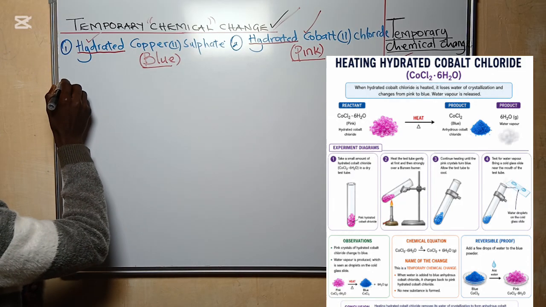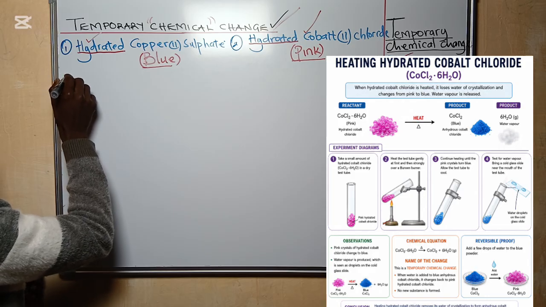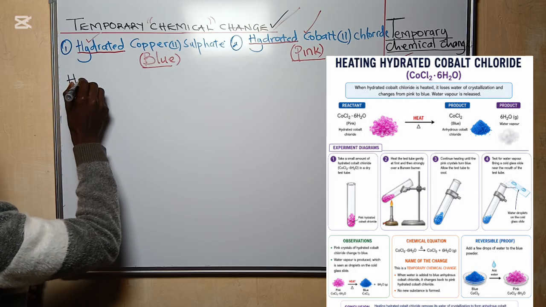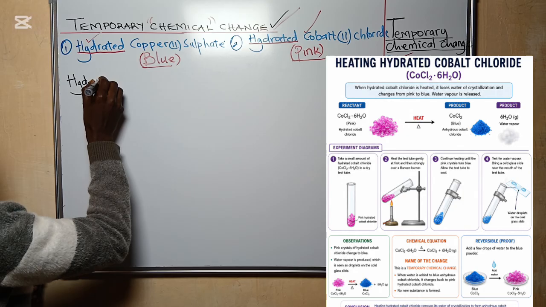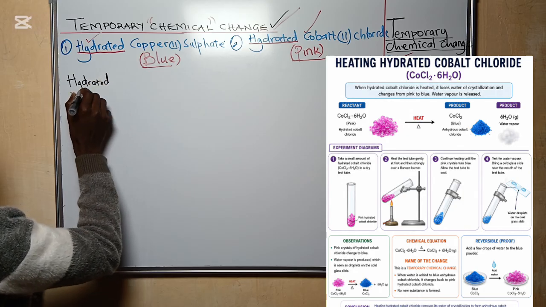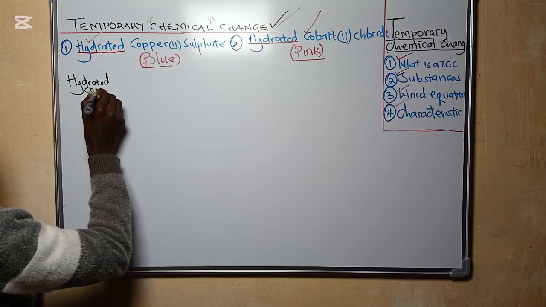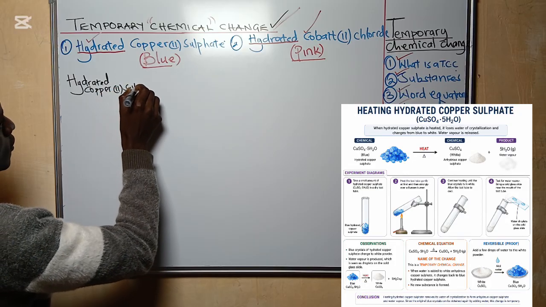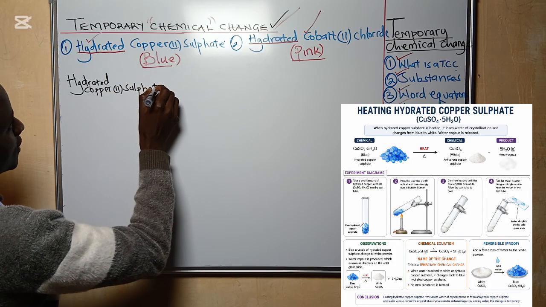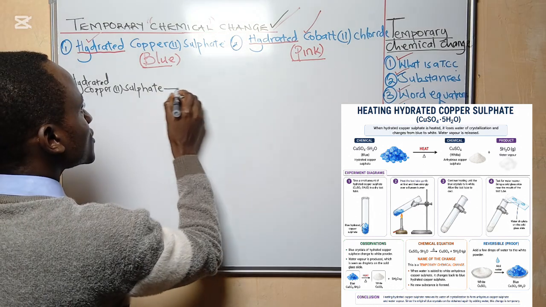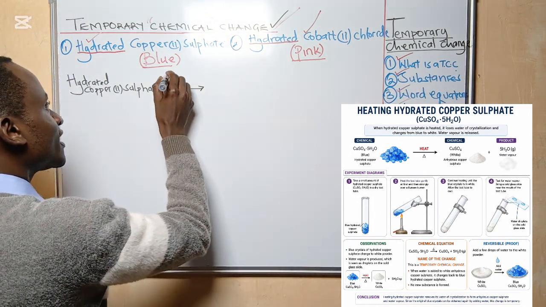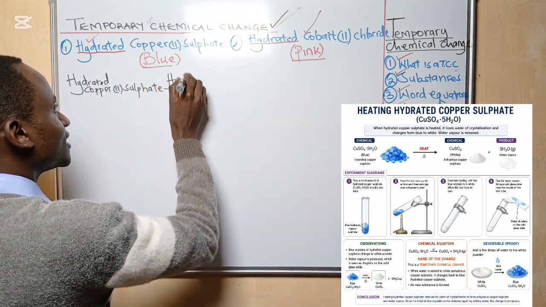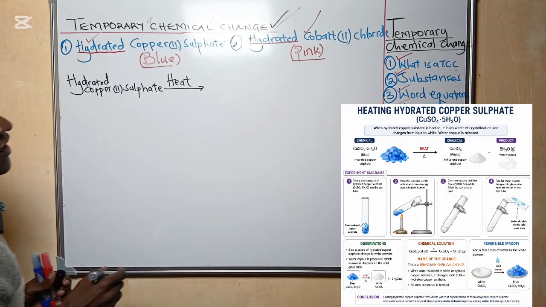So let me write here, hydrated copper 2 sulfate, what happens when we heat it. So we use an arrow here indicating heat.